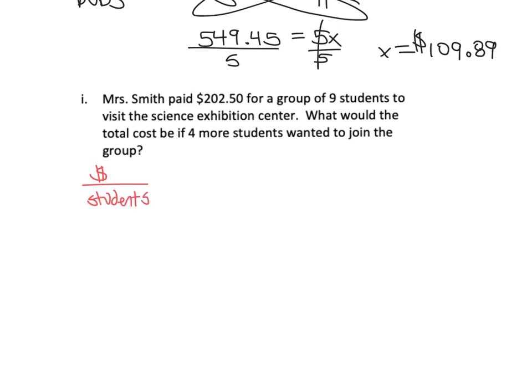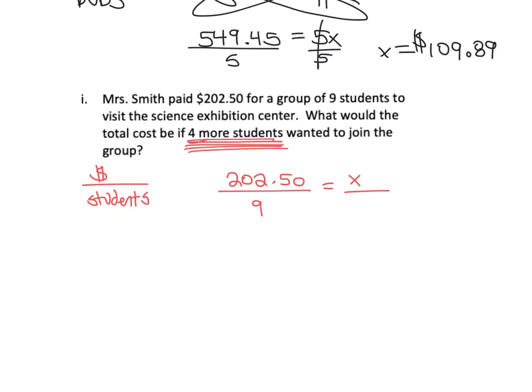Okay, so we're told that she spent $202.50 for 9 students, so that's our first proportion. And we're going to set that equal to the cost, which we don't know, so we're going to represent that by x.